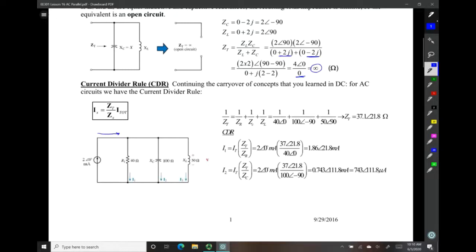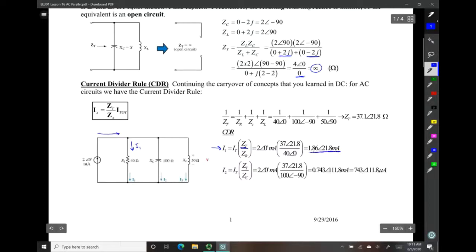So if we wanted to solve for specifically one of the currents going through one of these paths, we would just set up our formula like so, where I1 is equal to I total times Z total over the impedance of that path, which in this case is Z of R. And we plug that all in and solve it.